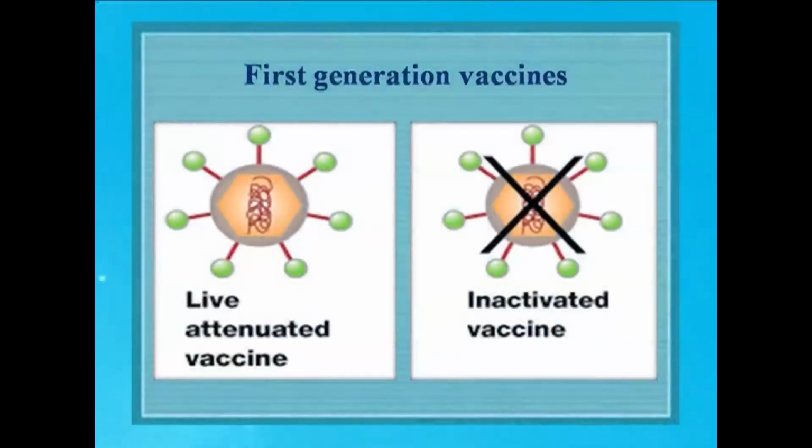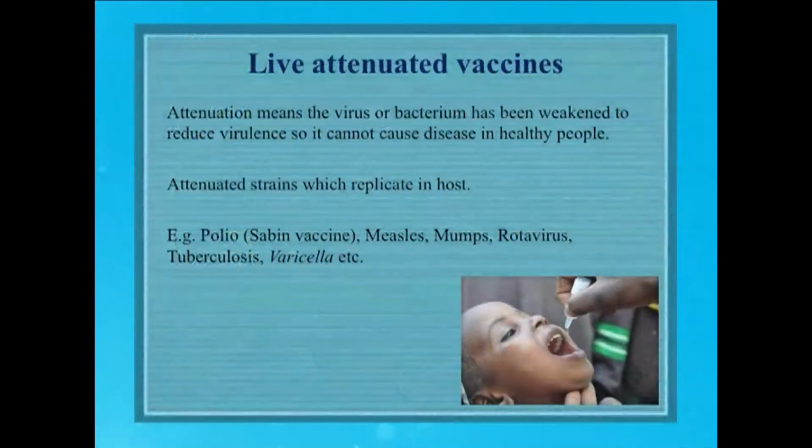First generation vaccines are of two types: live attenuated vaccines and inactivated or killed vaccines. Live attenuated vaccines contain the whole organism but in attenuated form. Attenuated means reduction of the pathogenicity of that organism. Attenuation can be achieved by growing the organism under an abnormal condition for a long period of time.